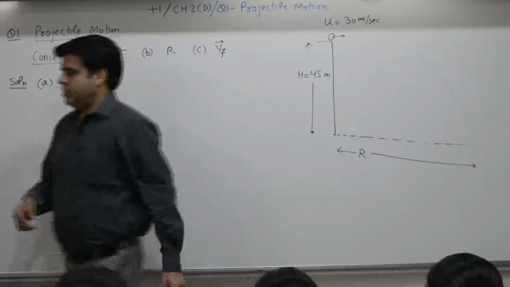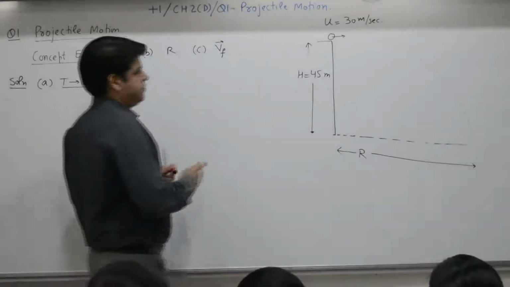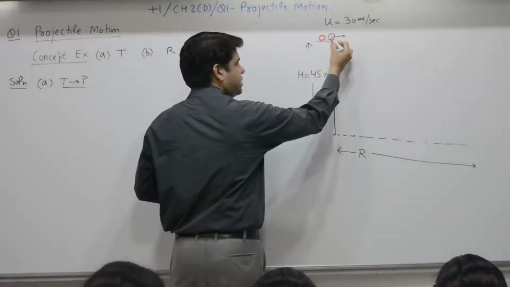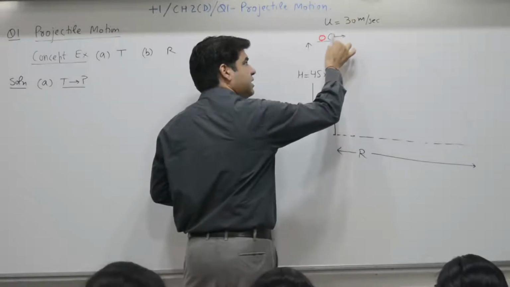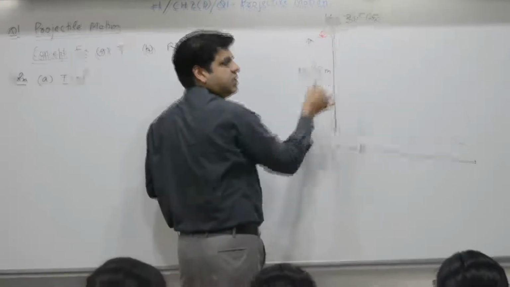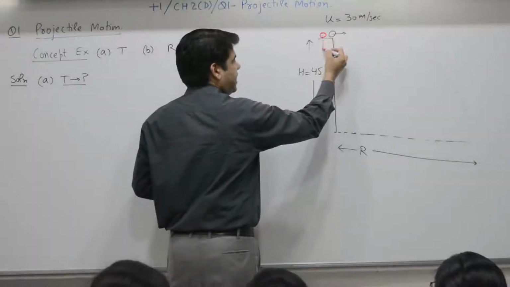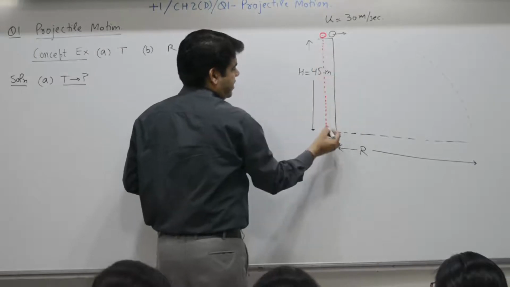If you drop a particle, what is its vertical velocity? 0. Horizontal velocity is 30, but initial vertical velocity is 0. For any vertical analysis, we will use this red color.